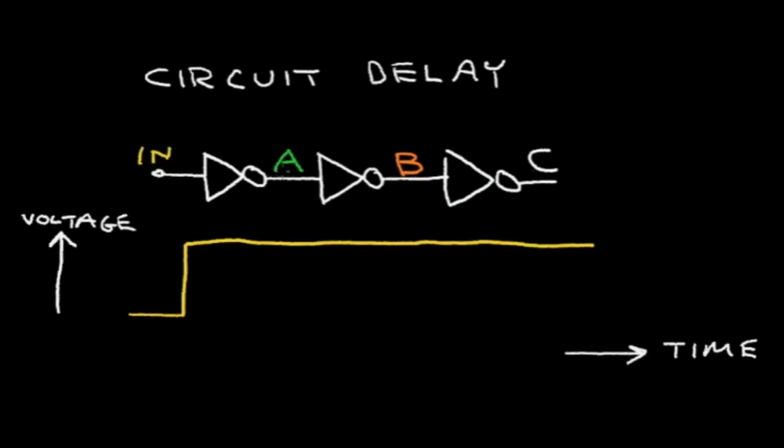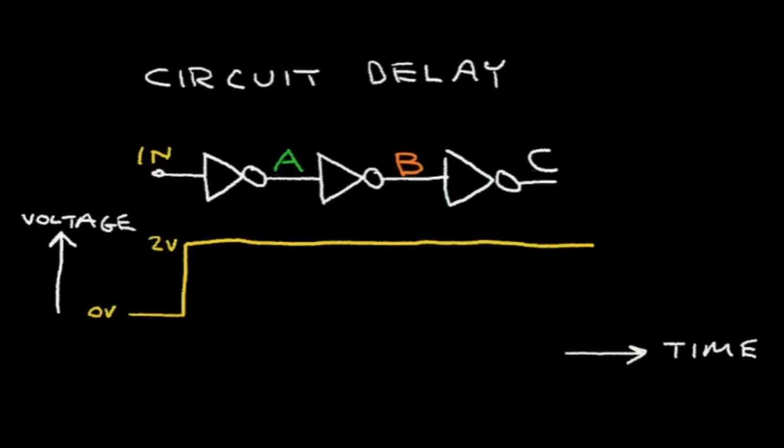The output of the first inverter is labeled A, and the output of the second inverter is labeled B, and the final output is labeled C. So let's analyze what happens as I change the input voltage as a function of time. And here I'm plotting time on the horizontal axis and voltage on the vertical axis. So this input starts at 0 volts and it switches high or to a logic 1. And perhaps this is 2 volts depending on the level of the power supply.